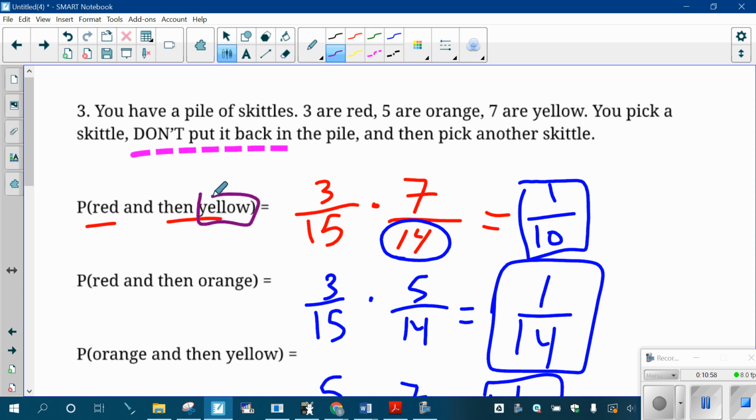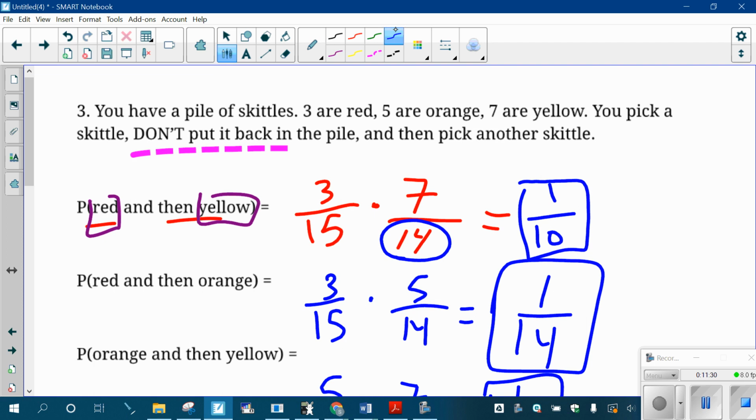If I ask you what's the probability of picking red, you'd say 3 out of 15. We didn't do 3 out of 15 times 7 out of 15. We did 3 out of 15 times 7 out of 14. Because that first event, picking that red Skittle, impacted the second event. It changed the probability from 7 out of 15 to 7 out of 14 because we'd eaten one of the Skittles. That second event depends on the first one. The first one impacted the denominator, in this case, of the second one.